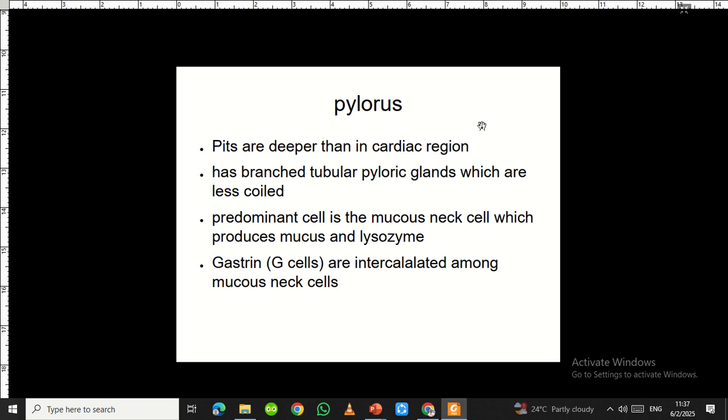It has branched tubular pyloric glands which are less coiled, and the predominant cells are the mucous neck cells that produce alkaline mucus and lysozymes. Right. We also have G cells that intercalate among these mucous cells, which will produce your gastrin.